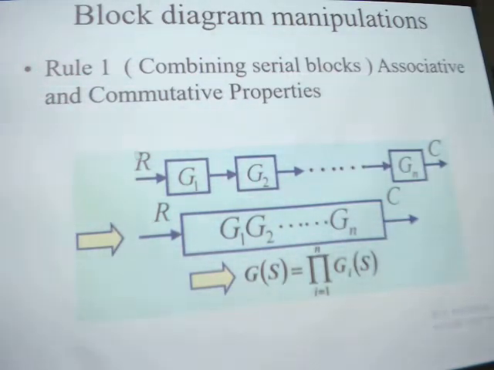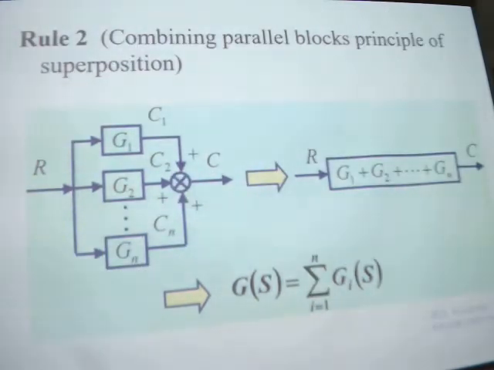So the first rule tells us how to do this: it equals the product of every transfer function. It is very simple.